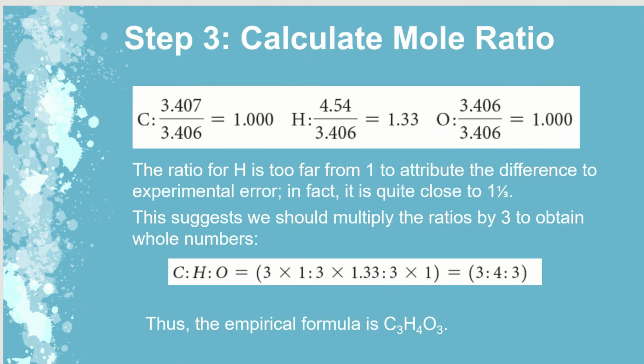All right, so since the smallest value is 3.406, we divide through by our smallest number, right? And so we get a ratio of 1 to 1.33 to 1.